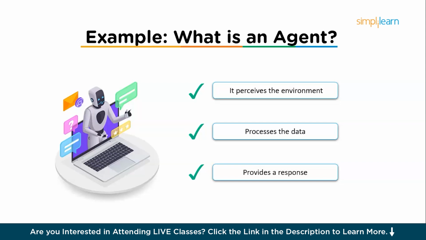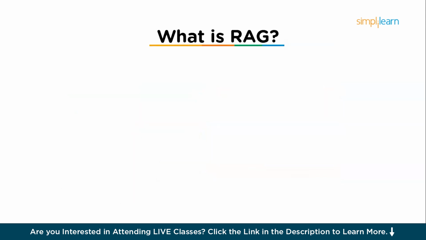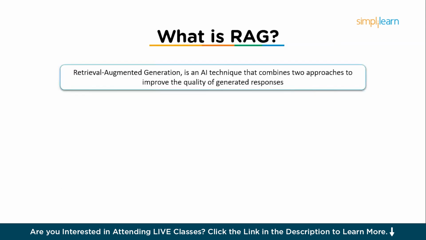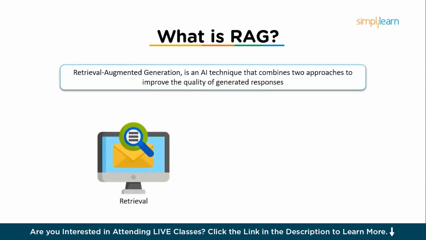Now let's move on to understand what is RAG. RAG, or Retrieval Augmented Generation, is an AI technique that combines two approaches to improve the quality of the generated responses. Point number 1 is retrieval. The system retrieves the relevant data from an external knowledge base, database, or document set.